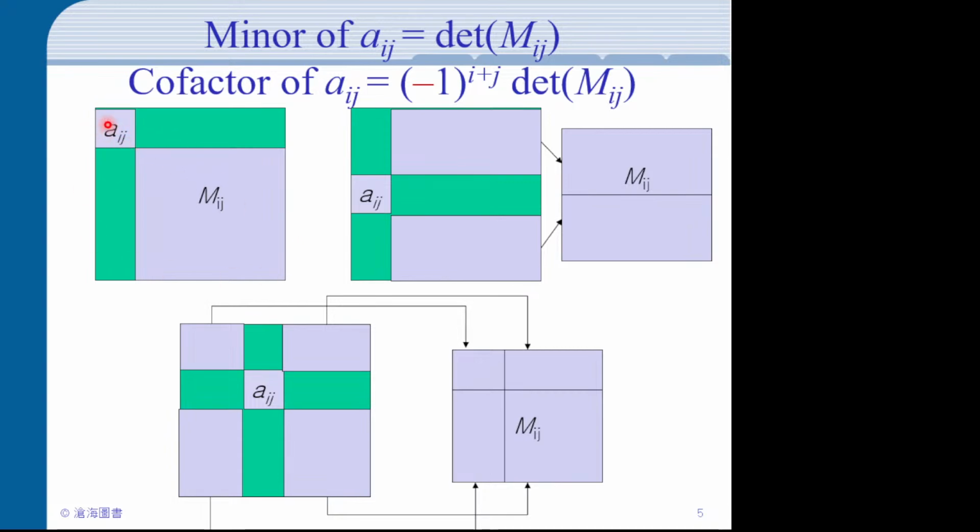When you expand on Aij, you delete the ith row and delete the jth column. Similarly, if Aij is here, you delete this row and this column, and the remaining thing you combine into Mij. But for now we are just doing the first column, so it's all deletion like this. So you get a whole bunch of Mij, then you calculate the determinant of each.